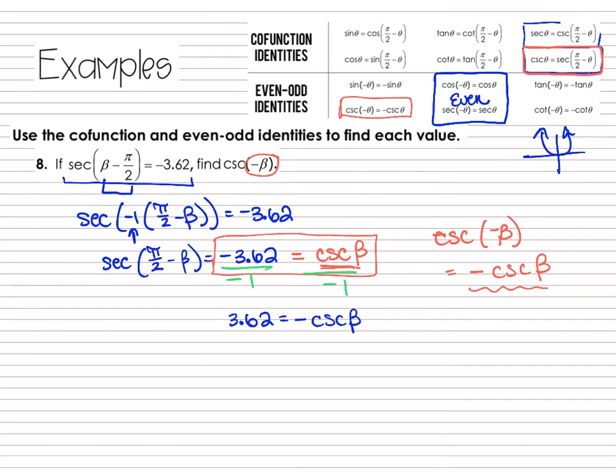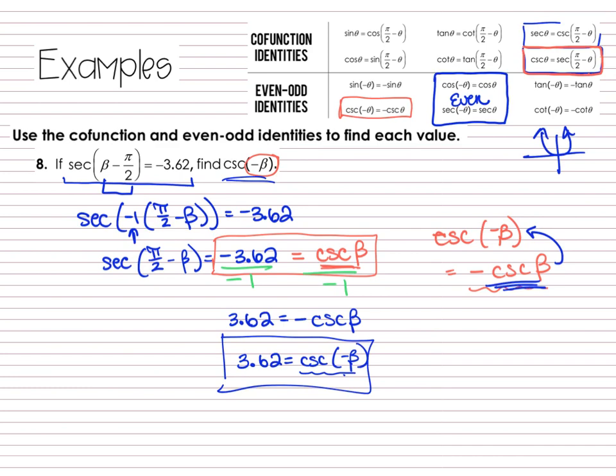If we know that negative cosecant of beta is equal to cosecant of negative beta, I can substitute that in. So now I have 3.62 equals the cosecant of negative beta. And that is going to be my final answer. I'm looking for the cosecant of negative beta. That was what I was asked to find, and that is what I have. So that final answer is going to be 3.62.